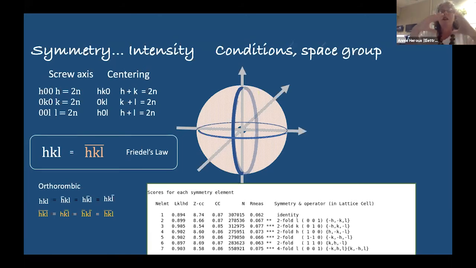Again, we have built up a sphere of dots in reciprocal space. If you think about the symmetry that you have, and we're not going to go into that, you have indices that are equivalent. If you've measured that one and that one, you will merge them and get better signal to noise for this intensity.